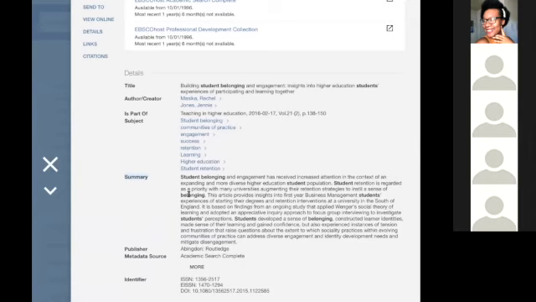So yeah, student belonging and engagement has received increased attention in the context of an expanding and more diverse higher education student population. Oh, okay, this is saying more minorities in schools means that we have to find new ways to make them feel more comfortable. This article provides insights into first-year business management students' experiences of starting their degrees and retention interventions at a university in the south of England.